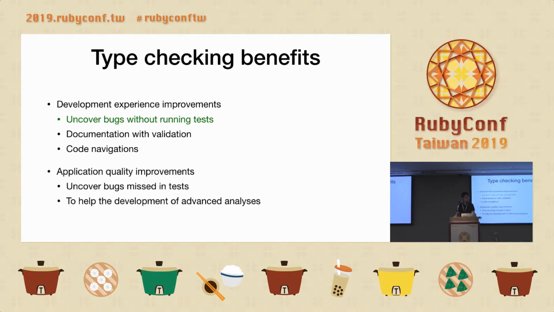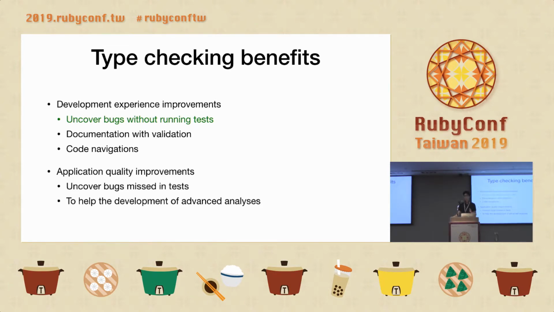So the type checking will uncover some of the bugs without running the tests. It can also be documentation with validations. Using the type signatures, you will have documentation of what methods are required in the module. So it will tell you and help you easily understand the implementation.